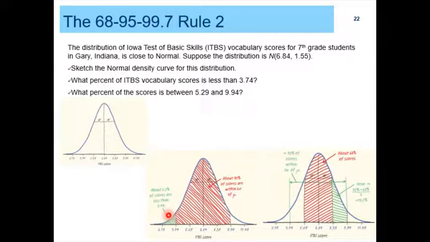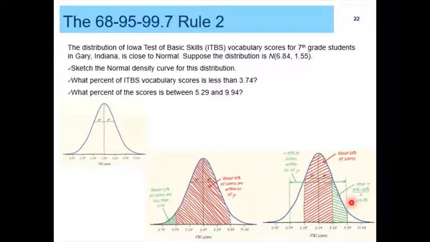Now it's asking what percent of scores is in between 5.29 and 9.94. Because mean is 6.84, 5.29 to 9.94 is what we are asking. So this is the 68%, and if you are taking the example from 2 sigma from here to here, it would be 95%, but we are not considering this part.